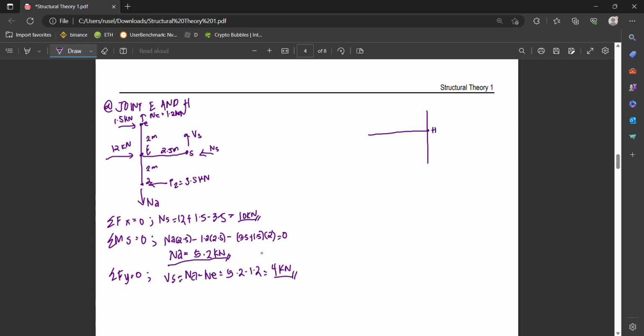This is your H. This is your small h. This is your small d. And your small u. So you have your VU, NU, then you have 2.5 distance. This is 2 meters. 2 meters then also.